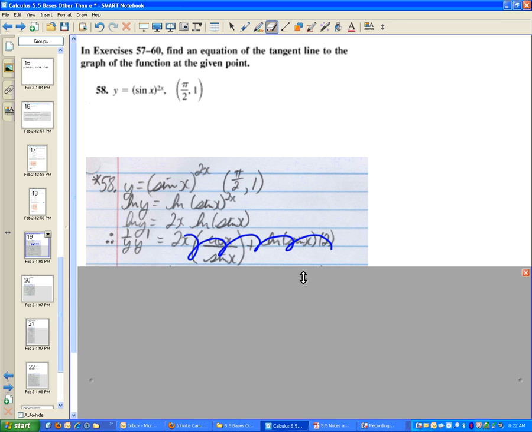And then on the right side, use the product rule. First function, 2x, times the derivative of the second. So how do we find the derivative of the natural log of the sine of x? The derivative of the natural log of u is 1 over u times the derivative of u. So 1 over the sine of x times the derivative of the sine of x.